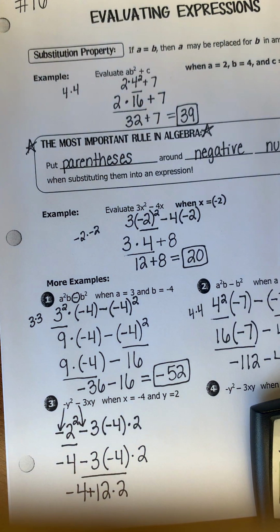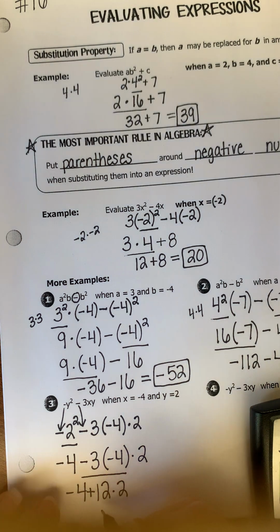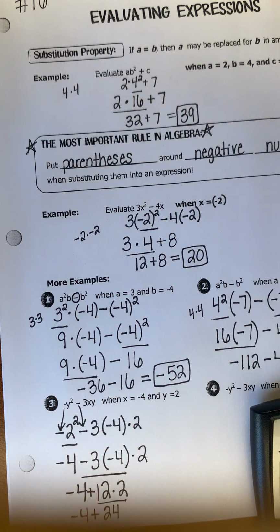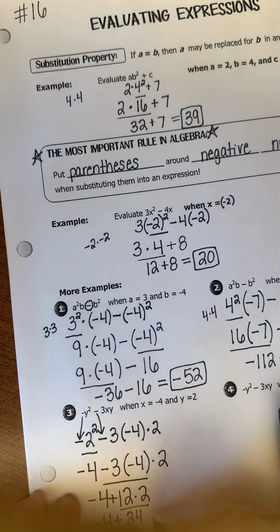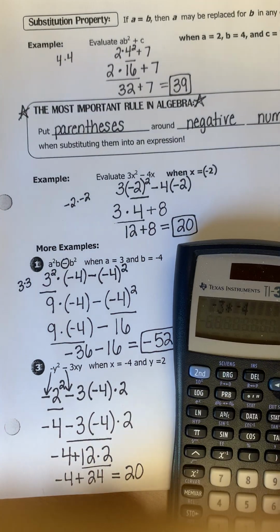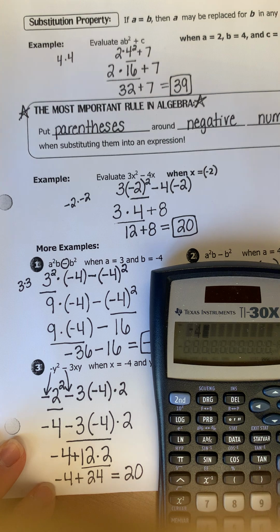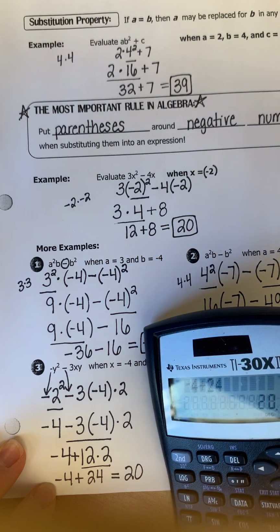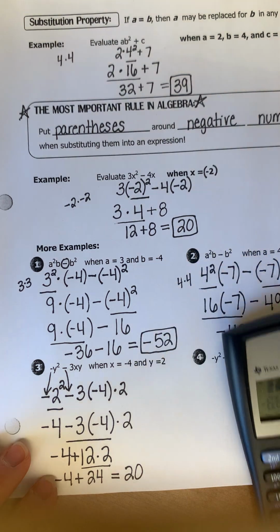So you have to make sure you put that sign in there. Now multiplication again. 12 times 2, 24. Negative 4 plus 24 is going to give us 20. Now remember, if you need to do that on the calculator, negative 4 plus 24 is 20.